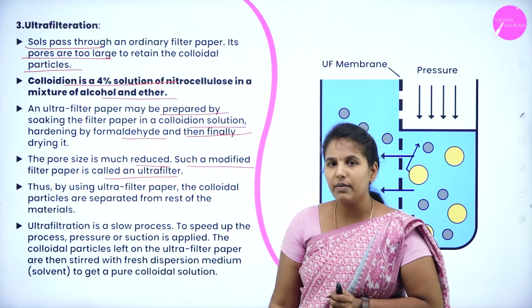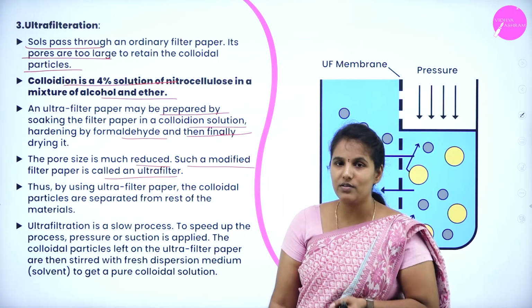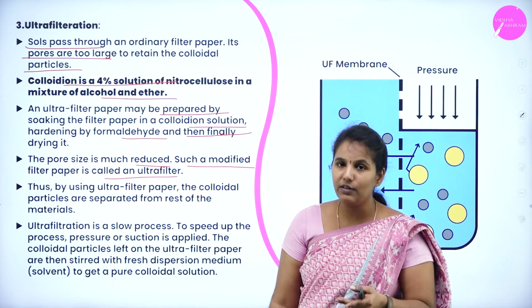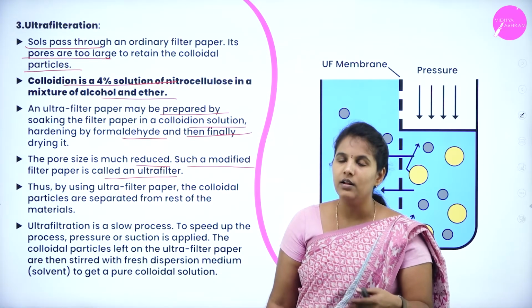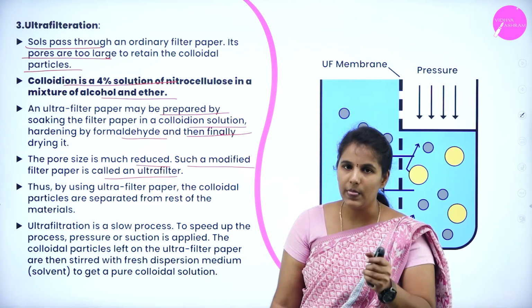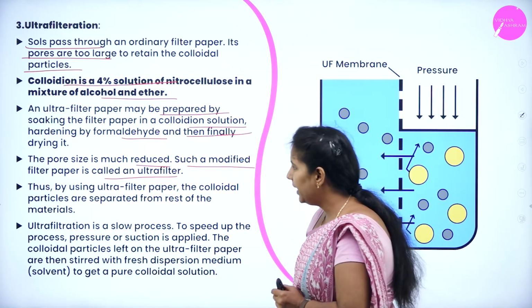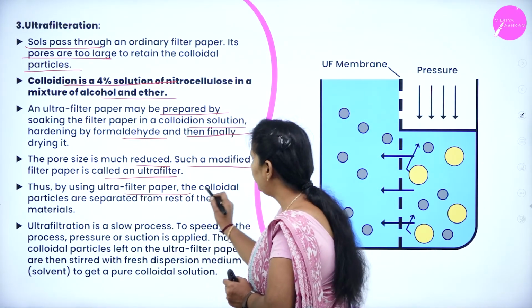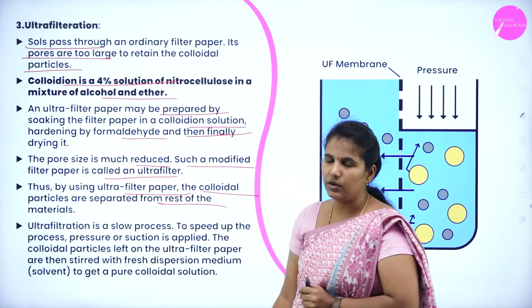So why will it become an ultrafilter now? Because we have added formaldehyde to increase the hardness, and also we have added collodion to reduce the pore size, so that it will act like an ultrafilter now, because the pore size will be reduced. Later, by using this ultrafilter, the colloidal particles will be separated out from the rest of the material.